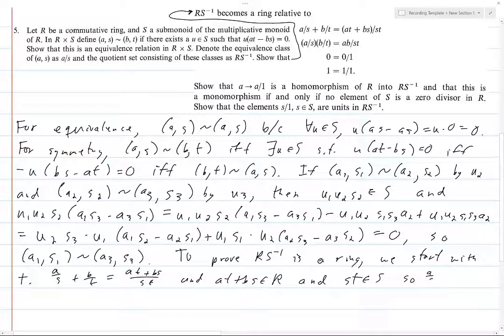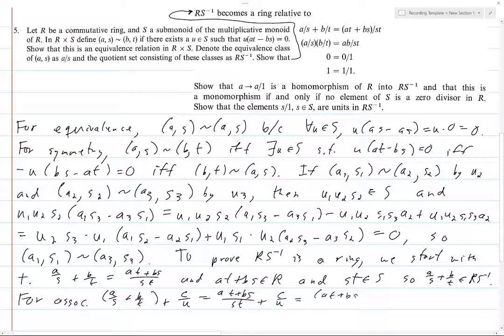So A over S plus B over T is in R S inverse. For associativity, and yes, we do have to check associativity, I looked back and the text tells you as the reader to verify this, probably because it's really tedious.